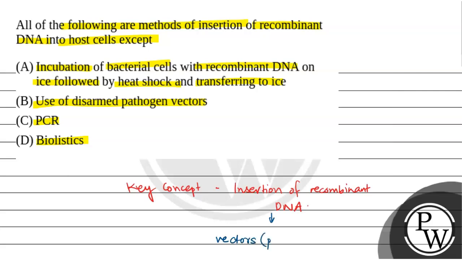Vectors generally plasmid DNAs होते हैं. But DNA, as we know, it is hydrophilic in nature. So DNA cannot be directly taken up by the cell. तो उसको take up करवाने के लिए कुछ methods होते हैं, transformation methods.